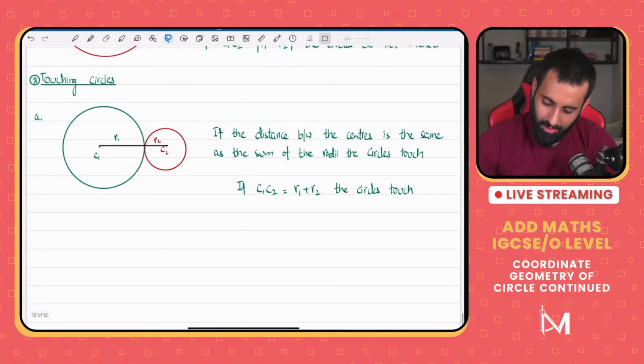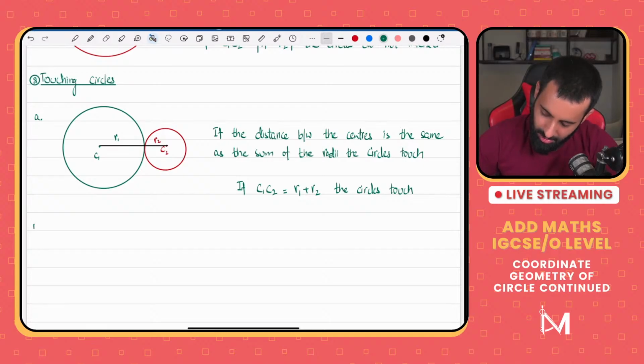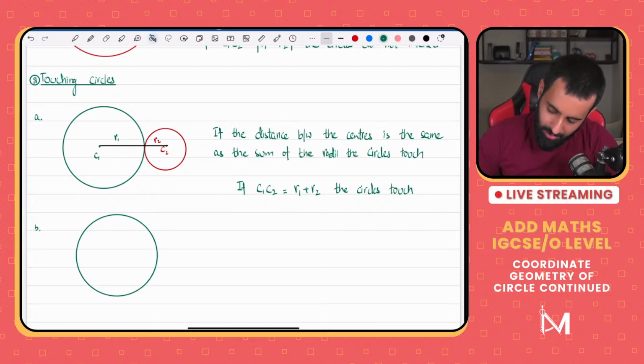Now there is another scenario in which two circles can touch, which is pretty straightforward. Let's write that down also. That is when you have one circle inside of the other circle, something like this.